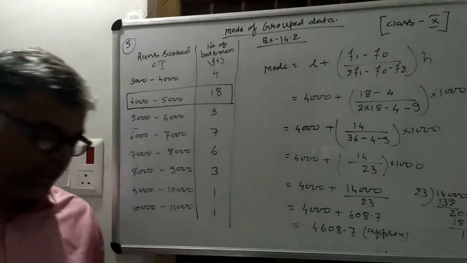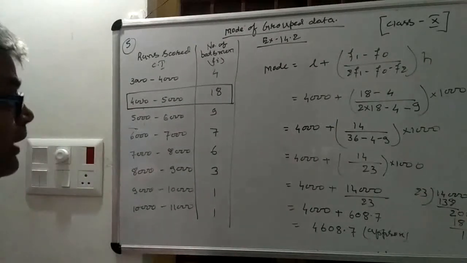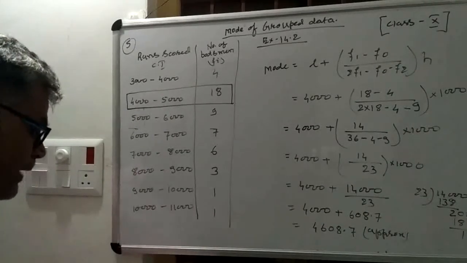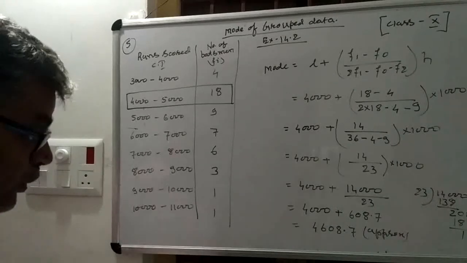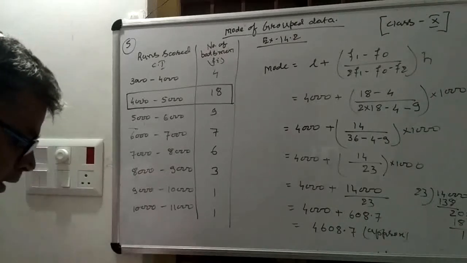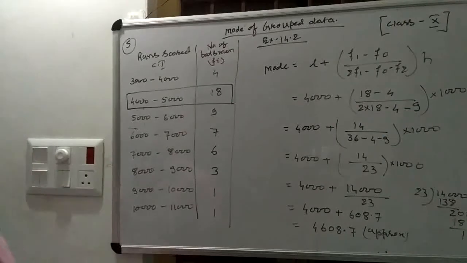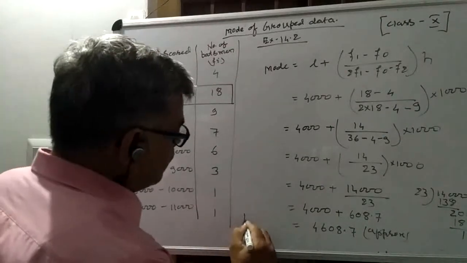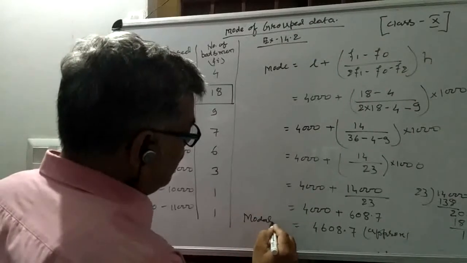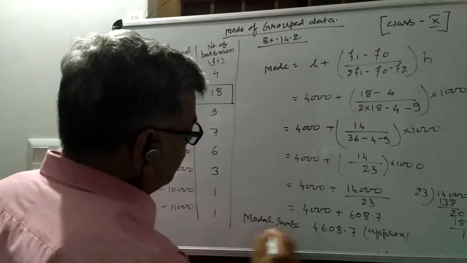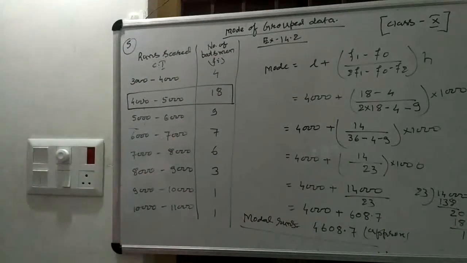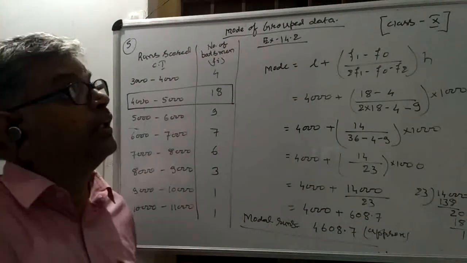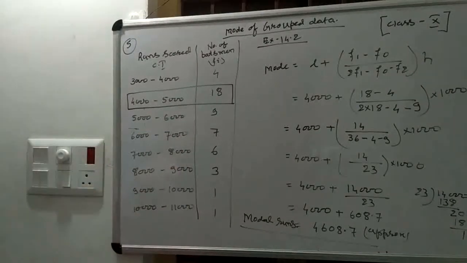So in this way, the modal value of the runs scored by the batsmen of the world is 4608.7 runs. This is your modal runs scored by the batsmen all over the world. In this way, you can solve this type of question.